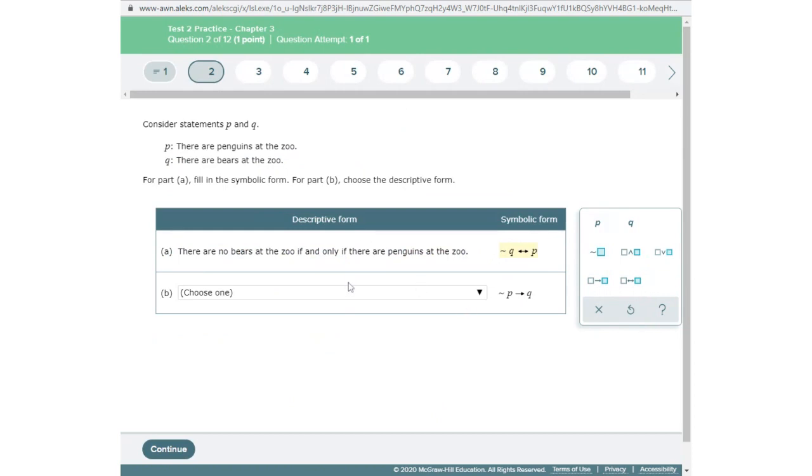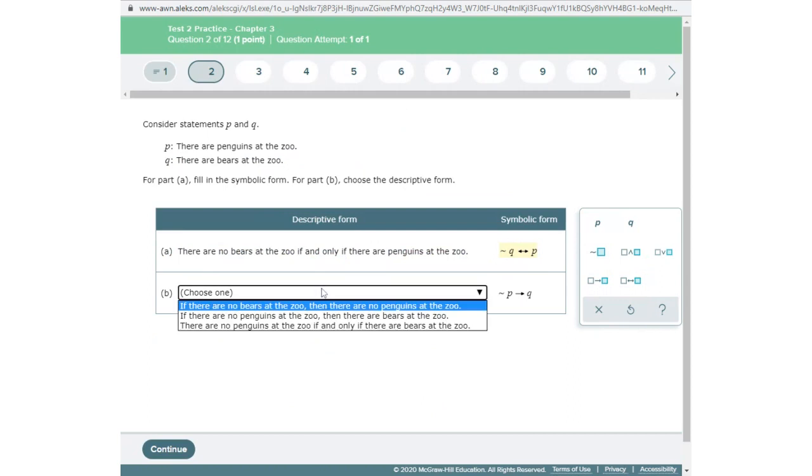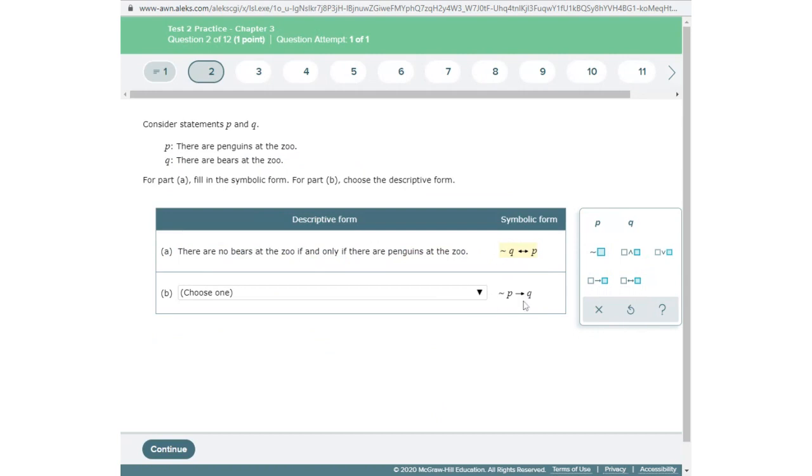All right, so this one is giving us the wording. So this is if not P, then Q. So if not P is if there are no penguins at the zoo, then there are bears at the zoo.